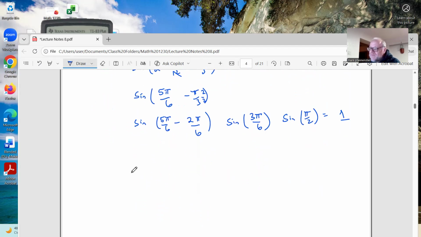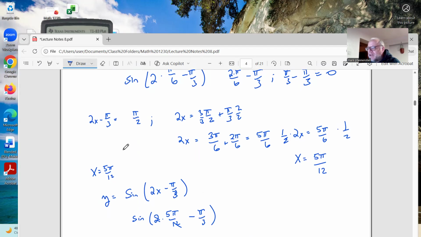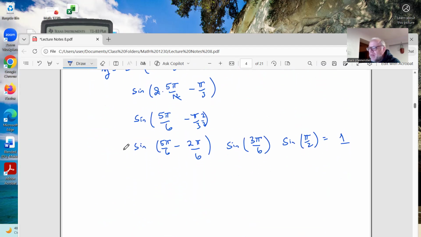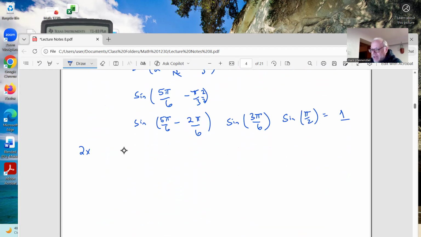So the 5 problems I'm going to do: we have 2x minus pi over 3 equals 0. Solve for x. 2x minus pi over 3 equals pi over 2. Solve for x. 2x minus pi over 3 equals pi.